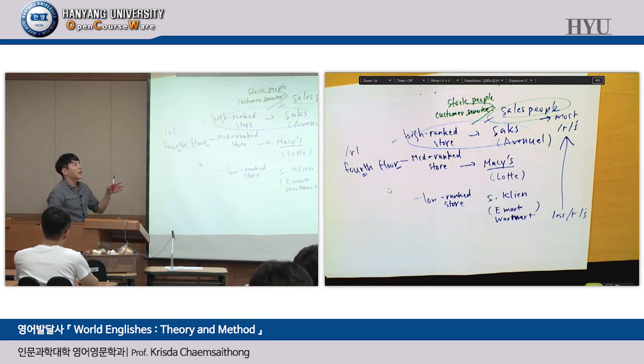So he found that even in high-rank stores like Saks, stock people pronounce less R than customer service people, right? So this confirms his hypothesis that you change your speech to accommodate or to match the speech of whoever you talk to, right?